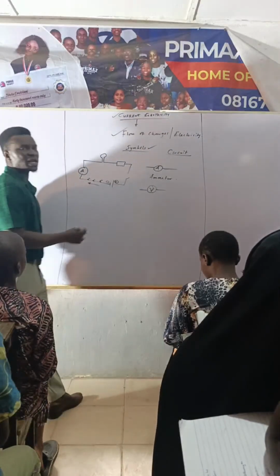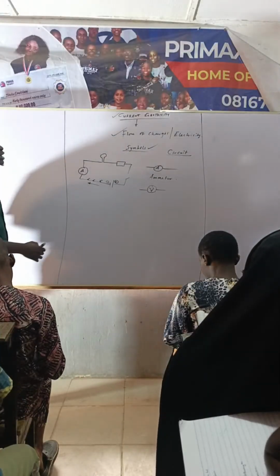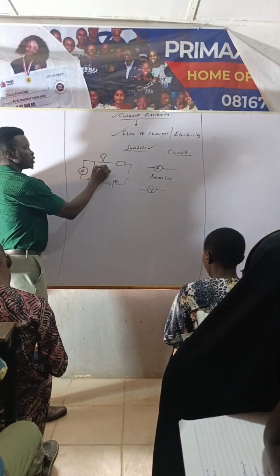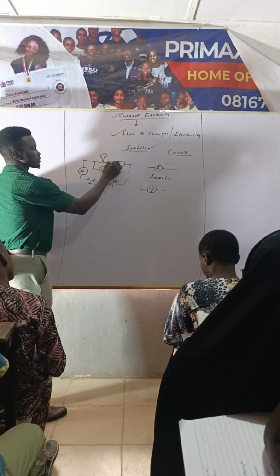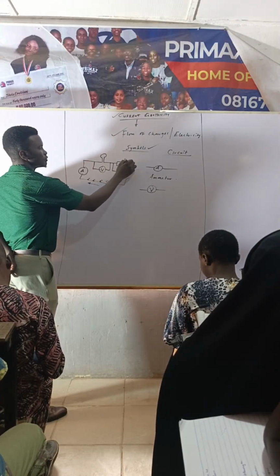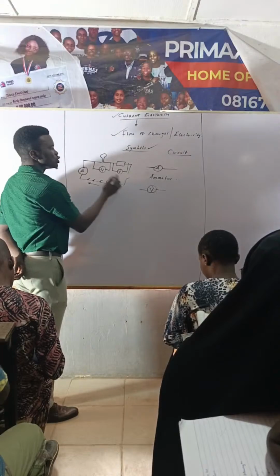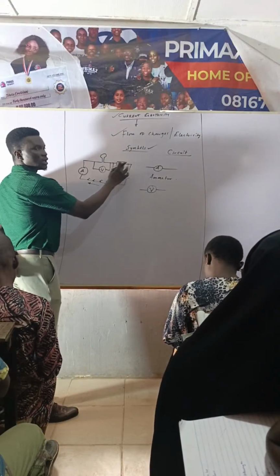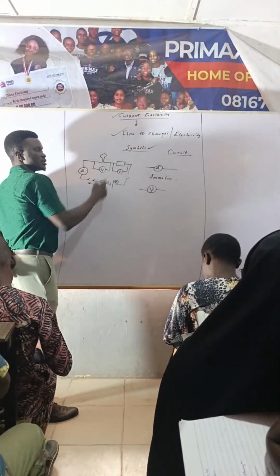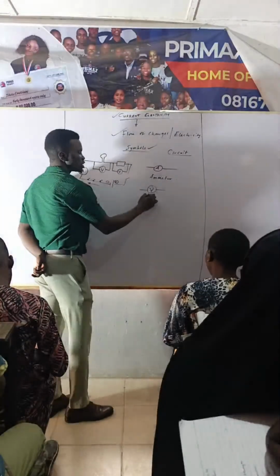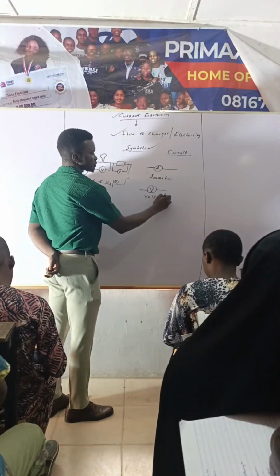You remember when I did capacitor the other time, I told you that I can measure the work done across this place. The voltmeter is used to measure the work done across a component. So this is called a voltmeter. We will talk about it again.